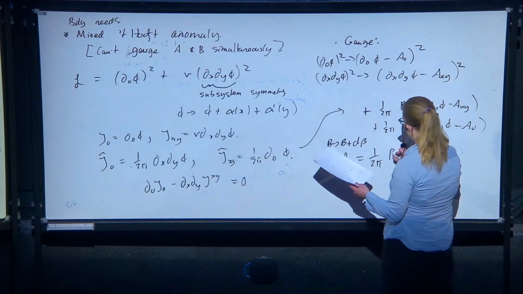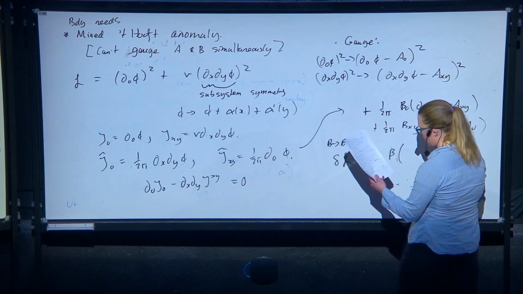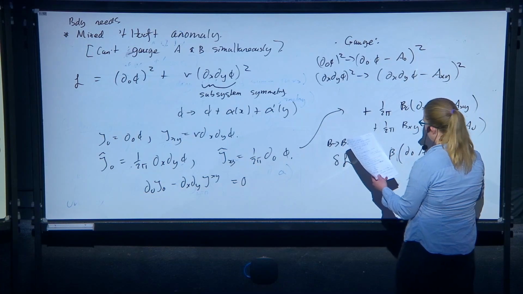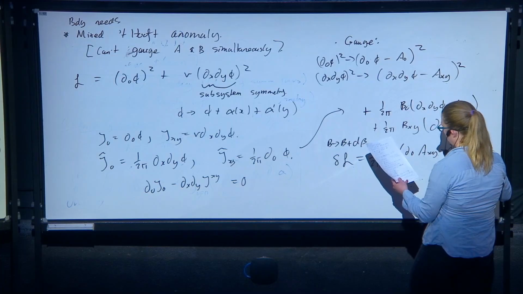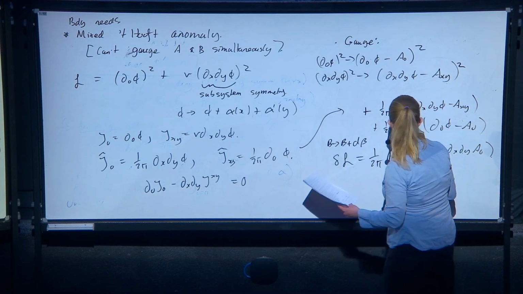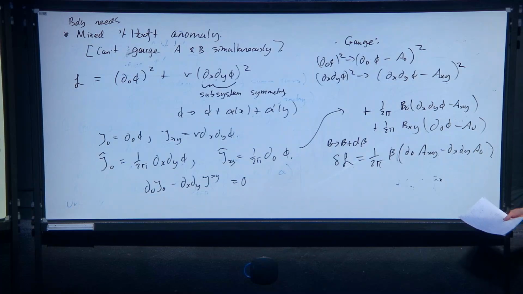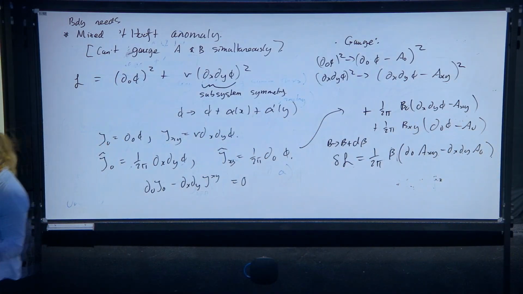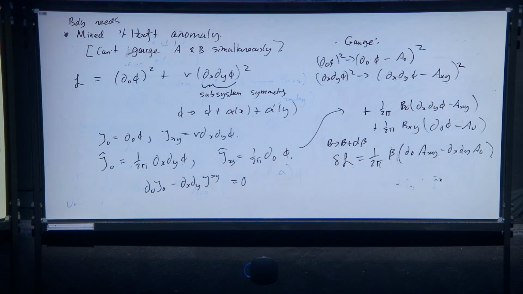And then we get exactly what we want, which is d0 A_xy minus dx dy A_0. So anomaly inflow basically works, and it works more or less the same way. I presented this case because it's the cleanest one. There are other examples of this in various places in the literature.